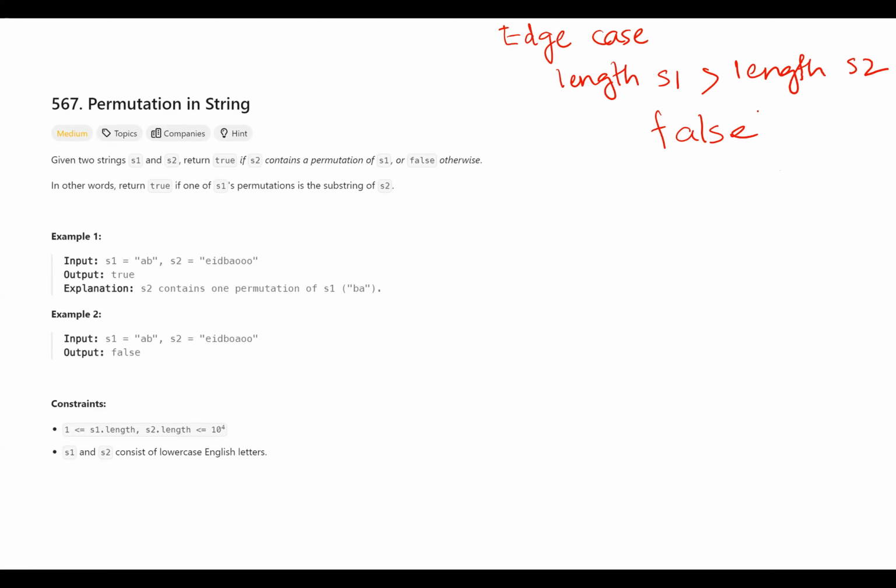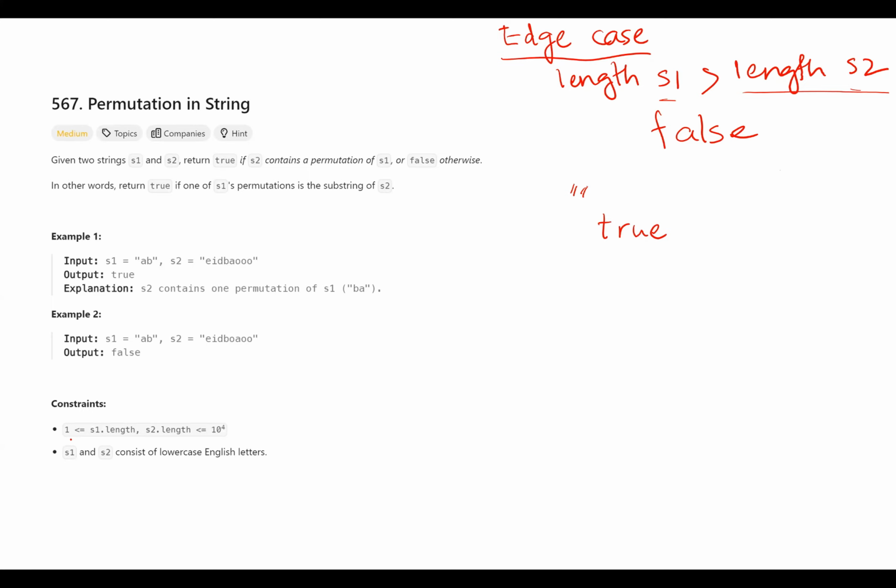So that's a case that we have to check first, because if S2 contains a permutation of S1, then S2 has to be at least the same size as S1. Otherwise, S2 cannot contain S1. The second thing is, if S1 is an empty string, then we return true, because any string S2 contains the empty string, right?